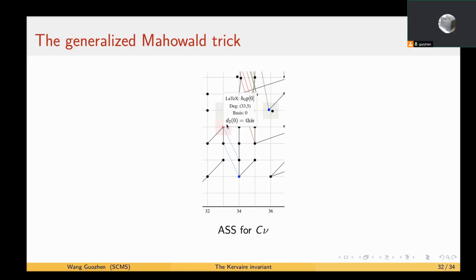We can show a d2 differential from this dot to this red dot. And we know that this red dot lies in the bottom cell, and this black dot lies in the top cell.